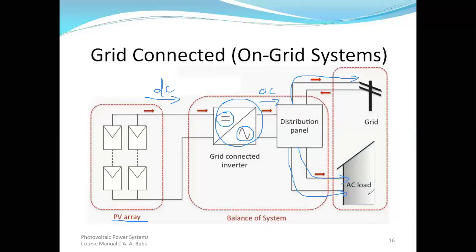So this is very important. The grid here for Cyprus will be KIPTEC, for Nigeria it will be PHCN, and for other countries it will be different names for the utility companies. Now what we have in this entire system is what we refer to as a balance of system.